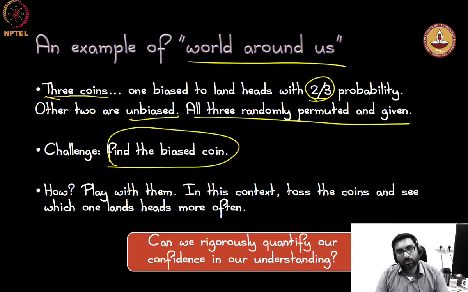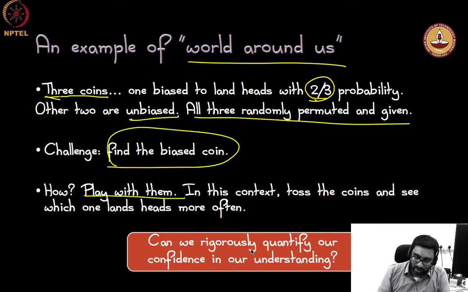And so what would be a natural thing to do? Well, let's try to play with the world. Try to play with these coins. Toss them around to see which one is likely to be the biased coin. So this is what we mean by playing with our context. We can do that and get a sense of which one is biased.